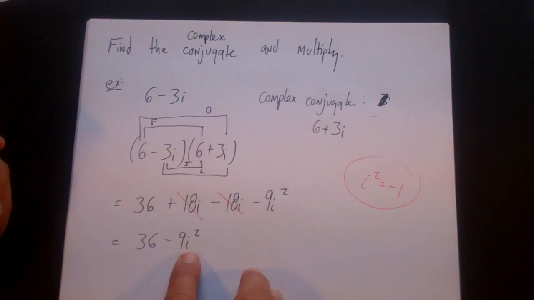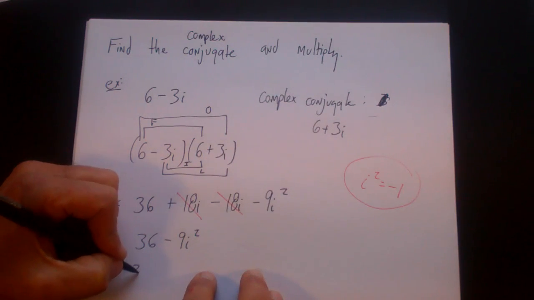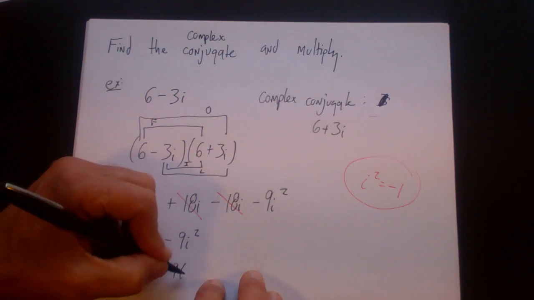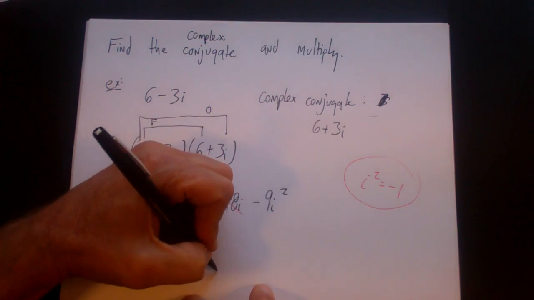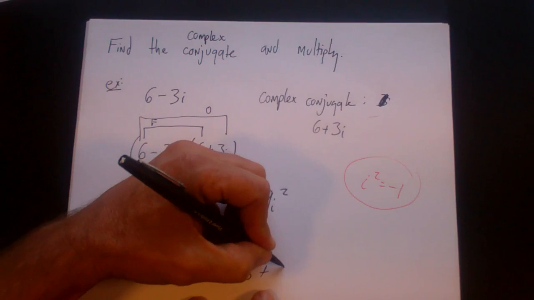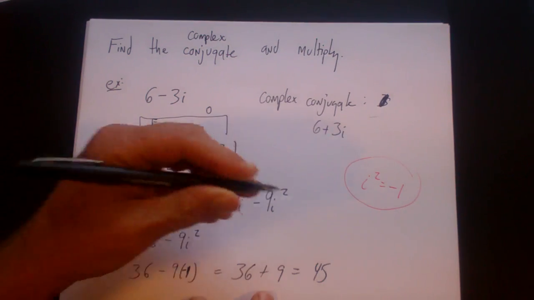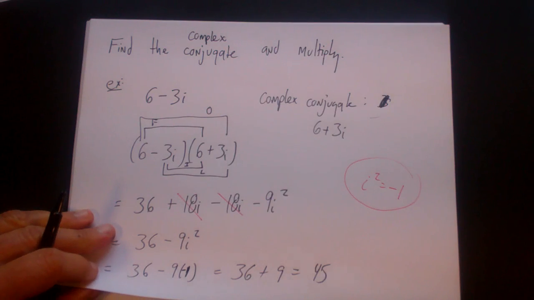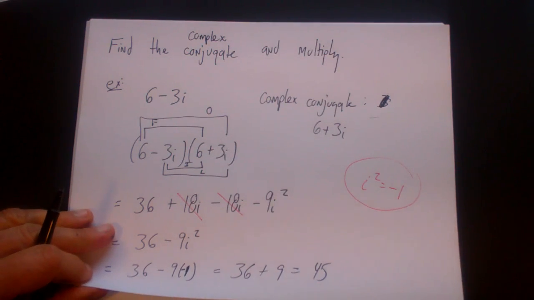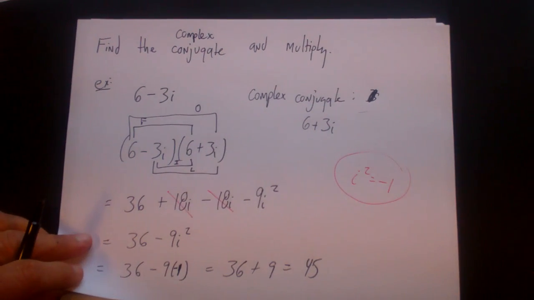So since i squared is equal to minus 1, then you have 36 minus 9 times minus 1, or 36 plus 9, or 45. So what you find out is the product of a complex number and its conjugate will always be a real number.